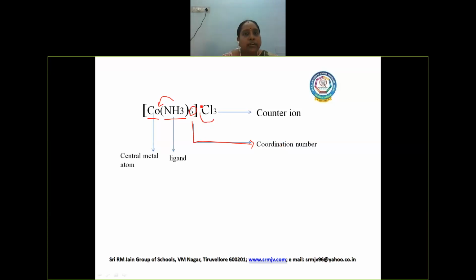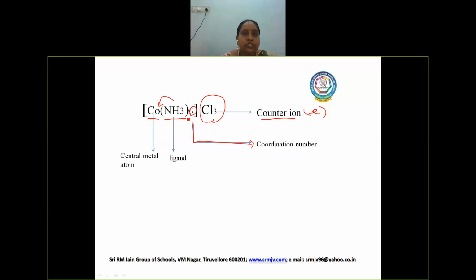And the free chloride ions are present outside the sphere, which is called the counter ion, that means a negatively charged ion. Clear, children? So by looking at the number of species present inside the sphere, we can say that is the coordination number.